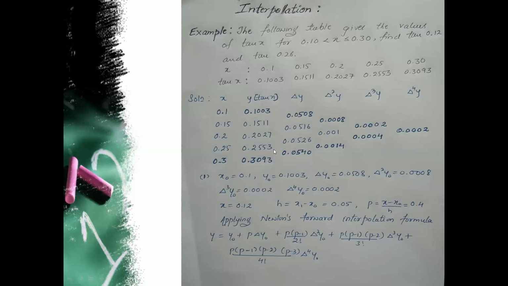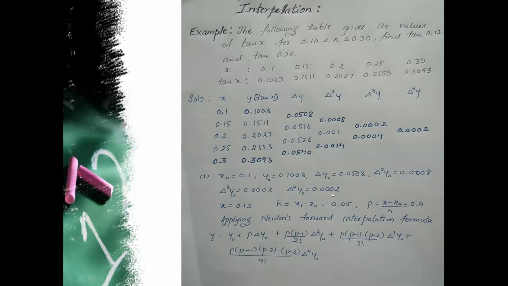Now let us note them down. x0, the first value of x, is 0.1. y0, the first value of y, is 0.1003. Then we have delta y0 0.0508, delta square y0 0.0008, delta cube y0 0.0002, and delta raised to 4 y0, the last value, 0.0002 again.